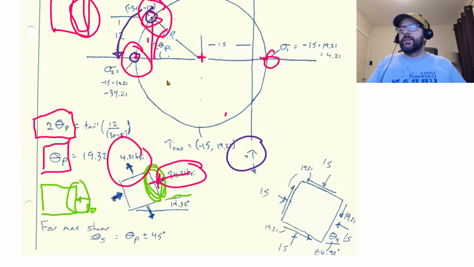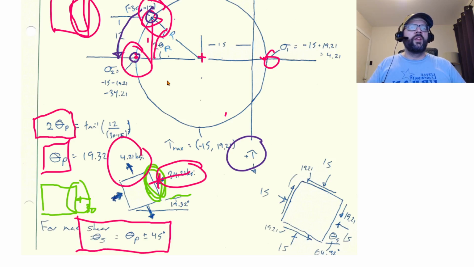We also know that the state of maximum shear is always plus or minus 45 degrees from the location where our principal stresses are. So instead of rotating 19.32 degrees upwards, we can rotate 25.68 degrees clockwise.